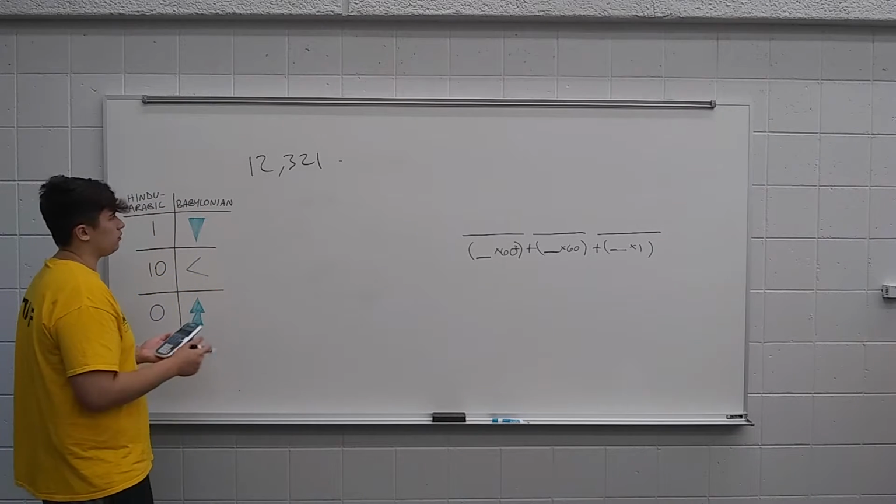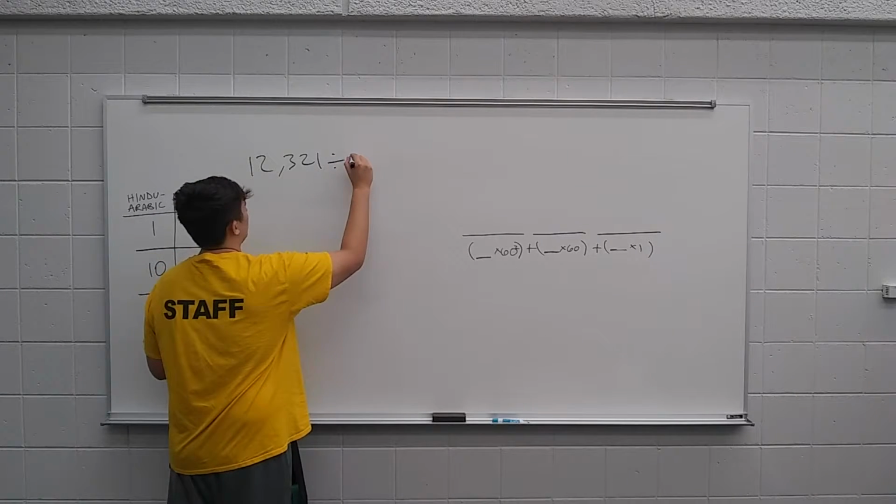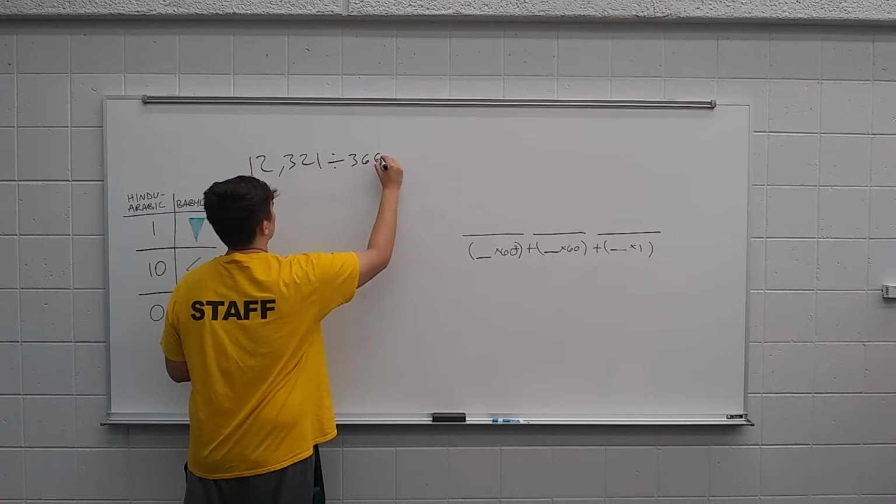From there, we'll take 60 squared, which is 3,600, and divide it into this number.